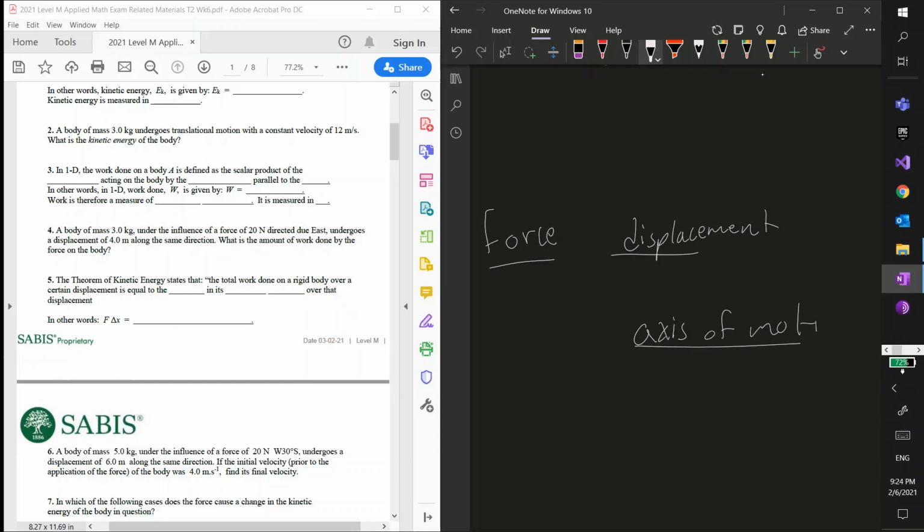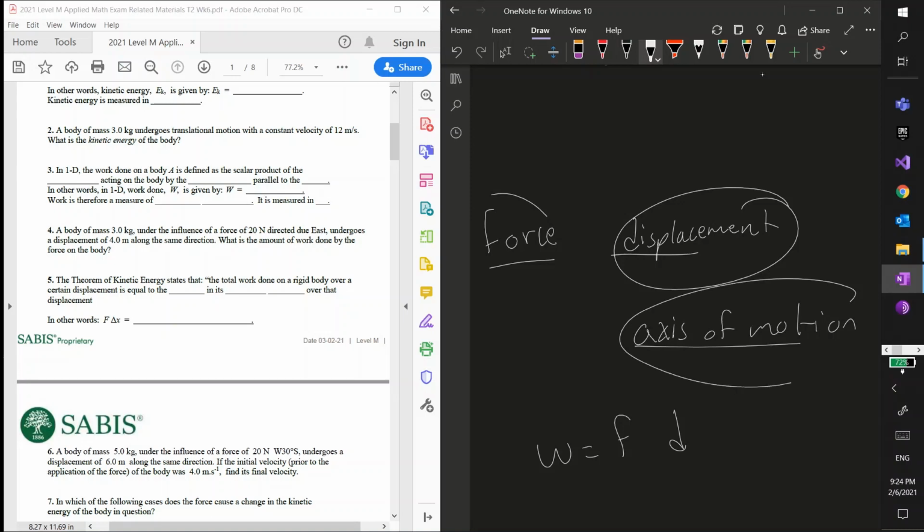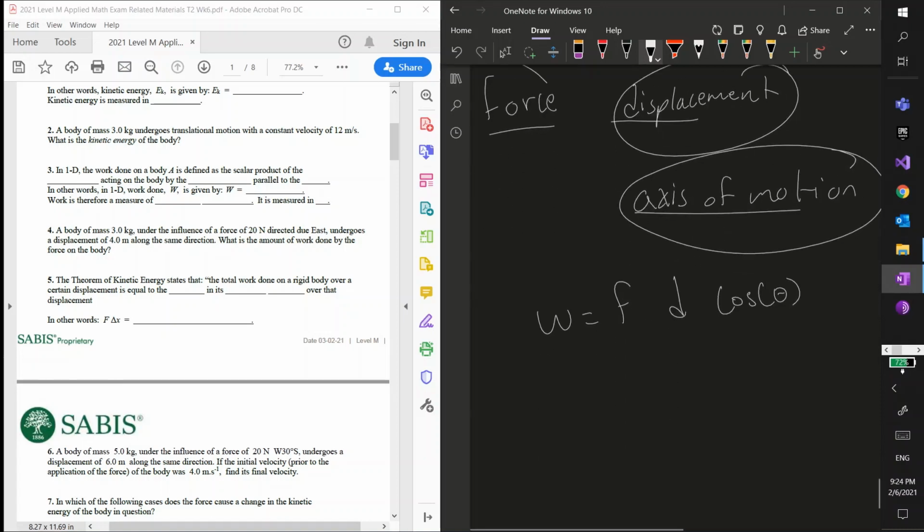In other words, 1D work is equal to force multiplied by displacement multiplied by cosine theta. Work is therefore a measure of energy transfer.